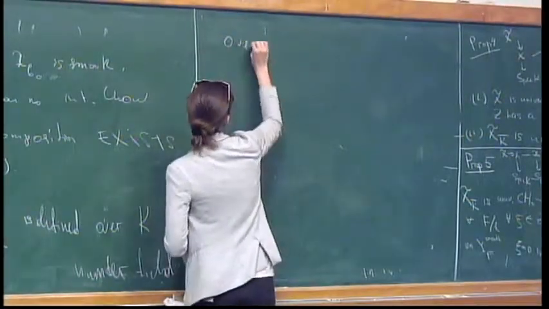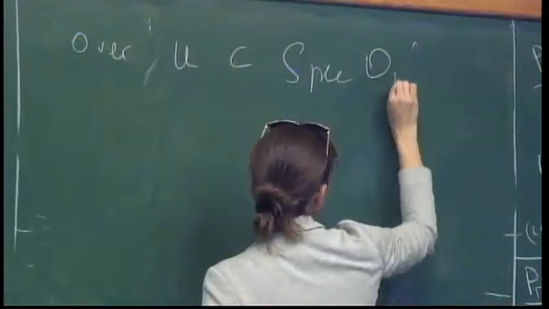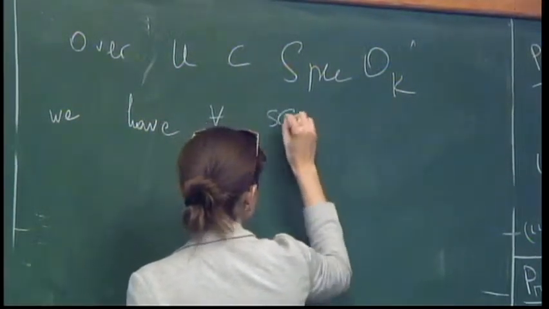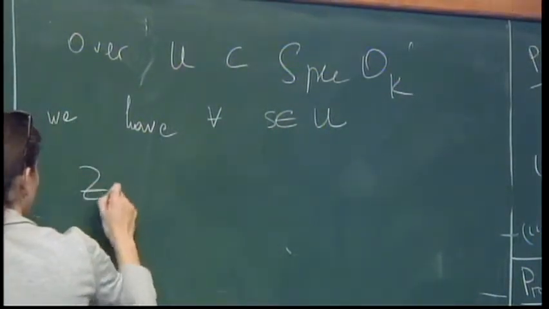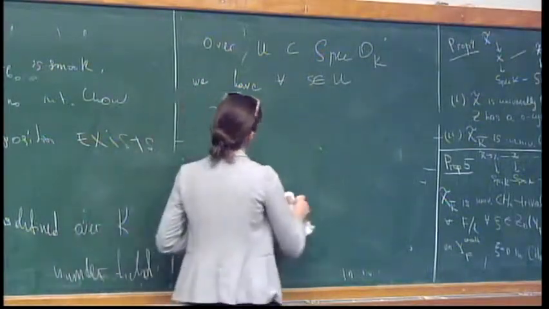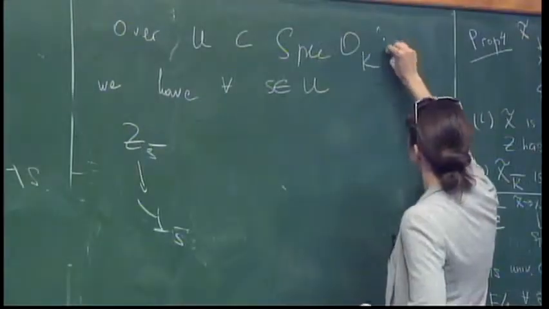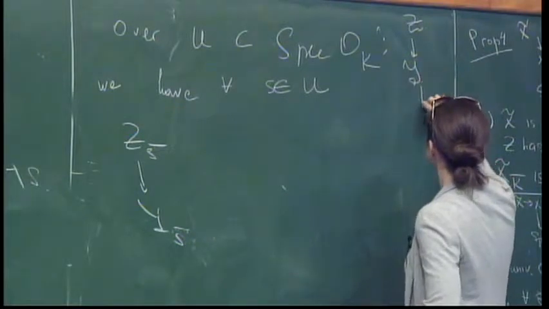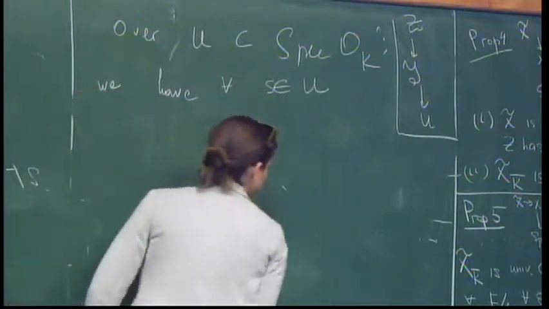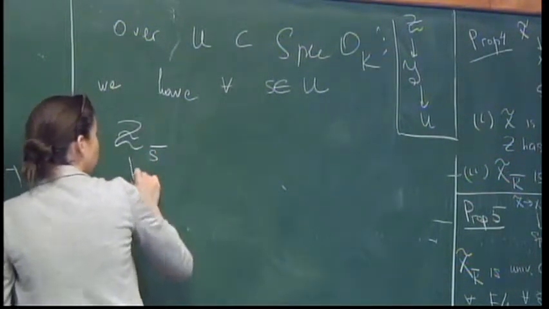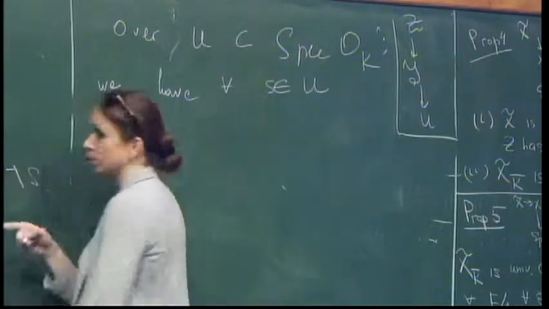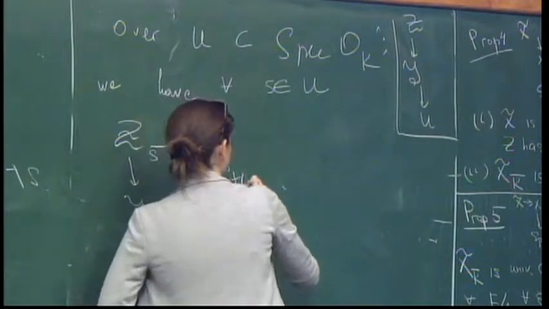So over U, which is an open in the ring of integers, we can arrange the following properties. We have the family Z over Y and over U, such that for any S in U, the geometric fibers Z_S, over these finite fields, I mean for an algebraic closure, will have the same structure as before: the map is CH0 universally trivial.